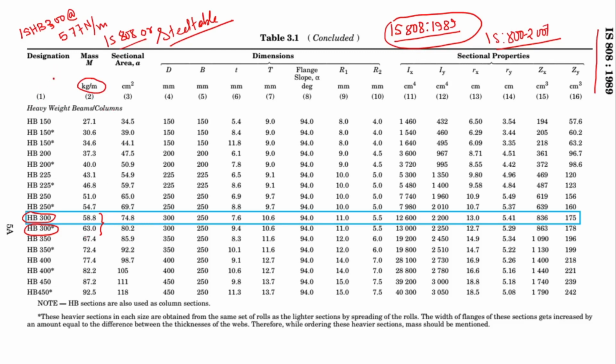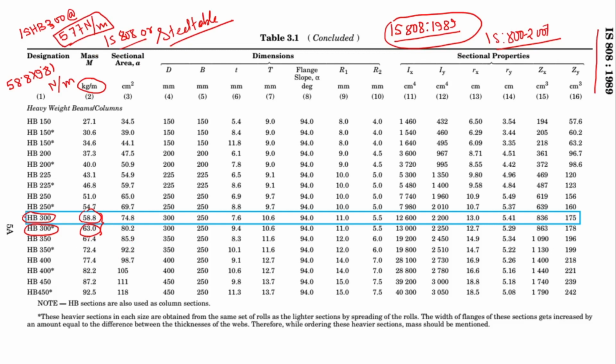If you multiply 58.8 by 9.81, it is converted into Newton per meter. Then 58.8 becomes 577 Newton per meter, and for 63 the value will be higher.